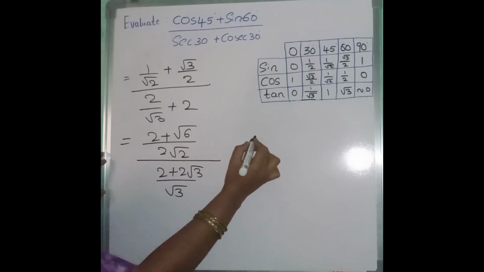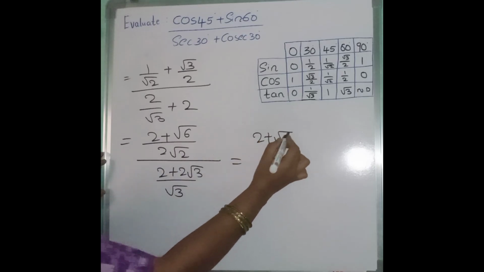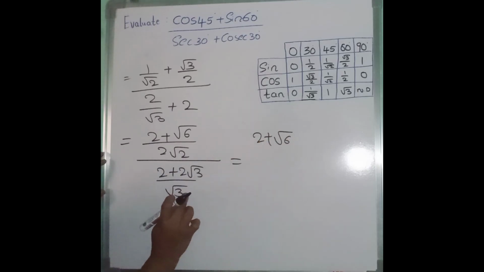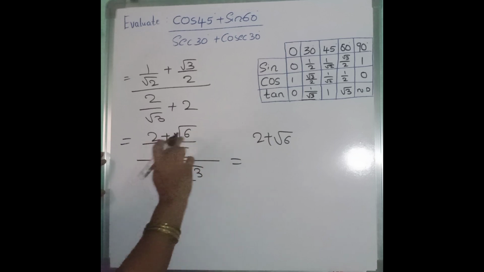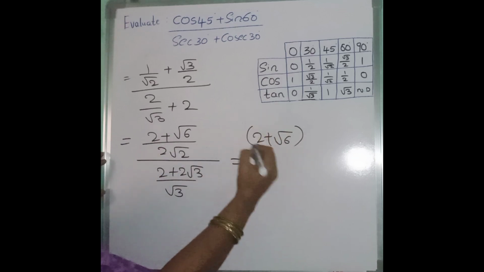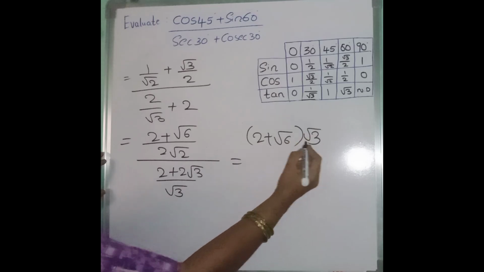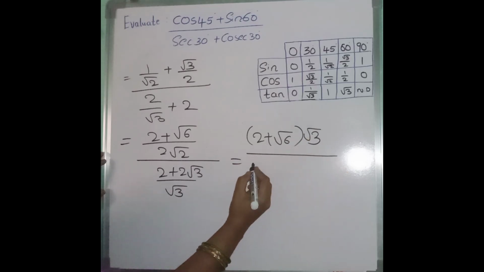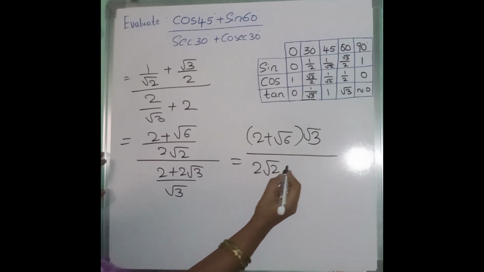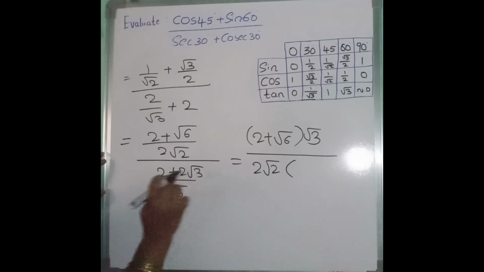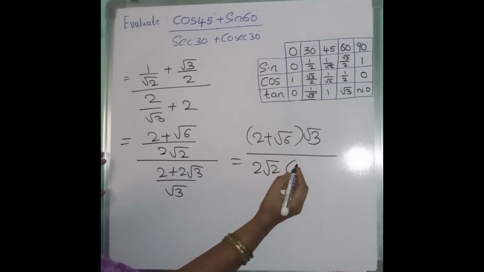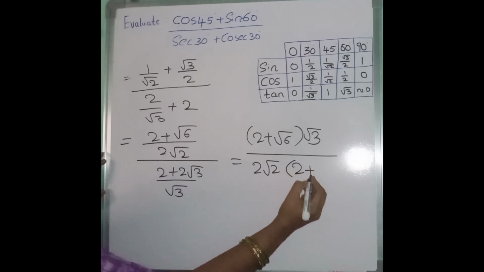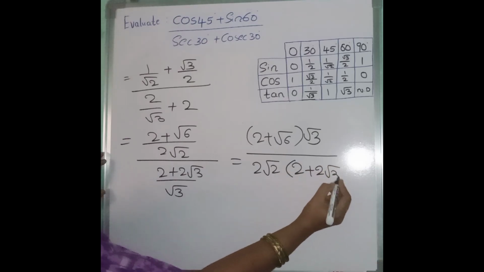In the next step, 2 plus root 6 write as it is. This root 2 is multiplied with 2 plus root 6. Here is a root 3, divided by 2 root 2, write as it is. This 2 plus 2 root 3 is multiplied with 2 root 2. That means 2 plus 2 root 3.